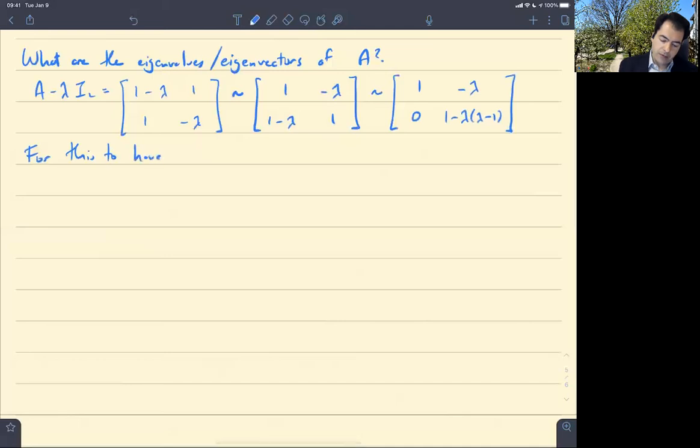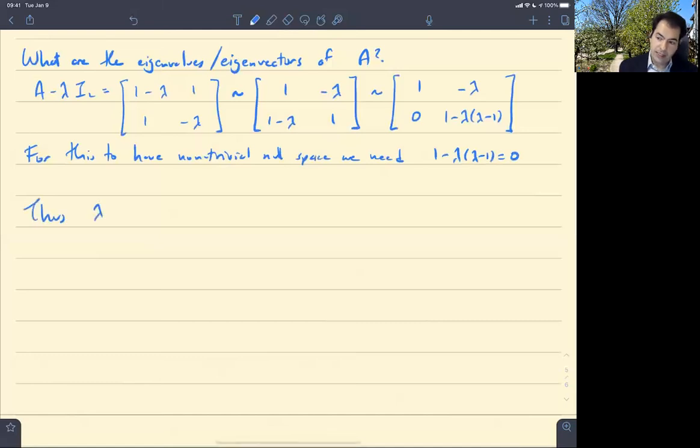For this to have a non-trivial null space, we need the second column not to have a pivot, so we need (1 minus lambda) times (lambda minus 1) to be equal to 0. Right?